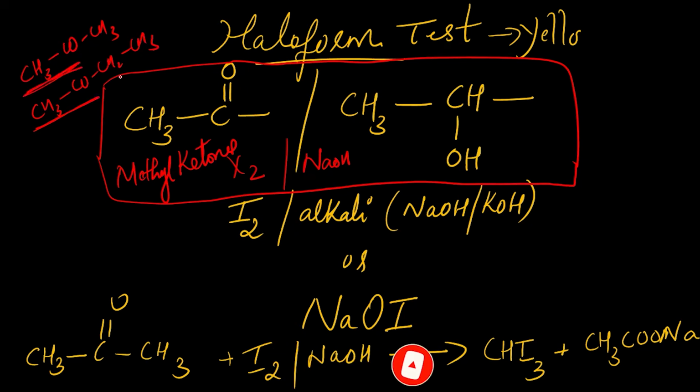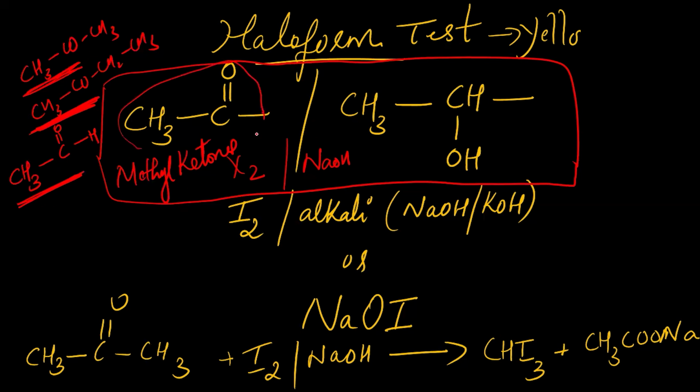One side should have this CH3CO group; the other side does not matter. Acetaldehyde will also give this test because it contains the CH3CO group. So this is the first important group that should be there to undergo the haloform test.